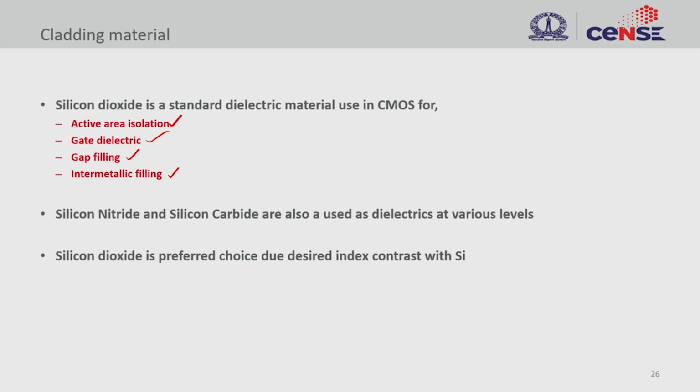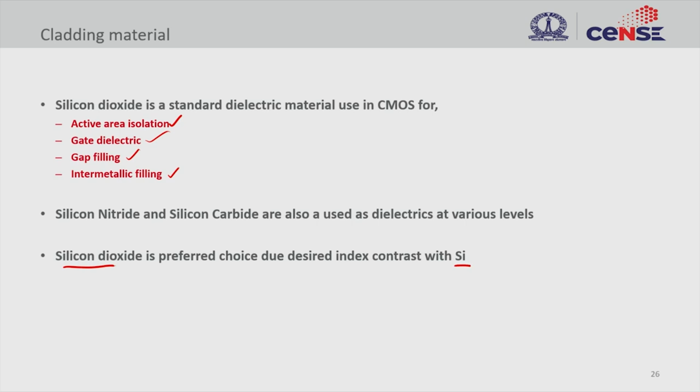We can also use nitrides and carbides, for example, and we can also use silicon dioxide for various other applications. Here we use silicon dioxide because it goes very well with silicon, so that you have good optical contrast between these two materials.